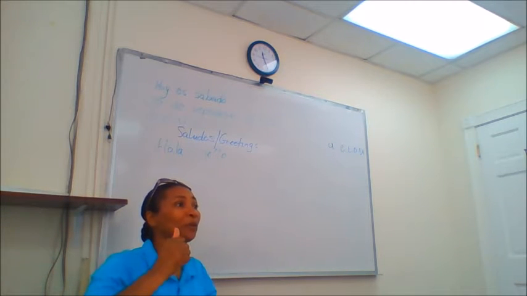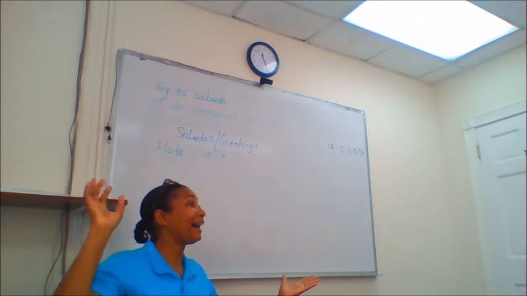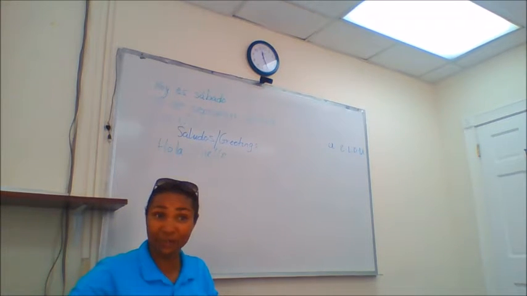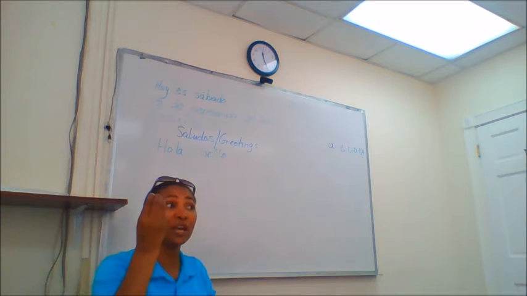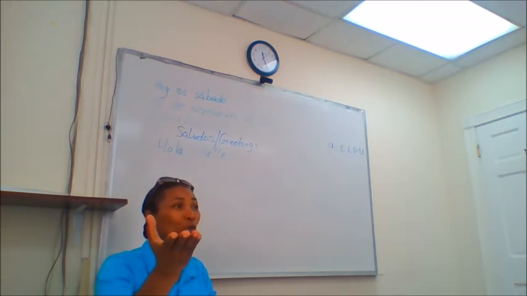For example, I would say el mapa, the map, but it ends in A. Right, el is masculine, and we said most of them that end in A are feminine, but that's a masculine noun. Yes, exception to the rule.